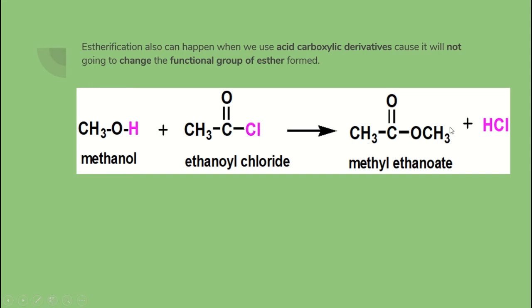So the structure of the ester is always the same. The only thing that changes is the side product. Before we got water as the side product, now we got hydrochloric acid.